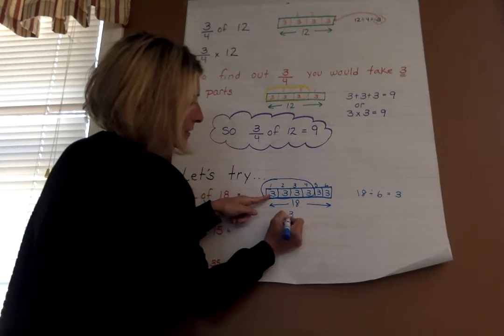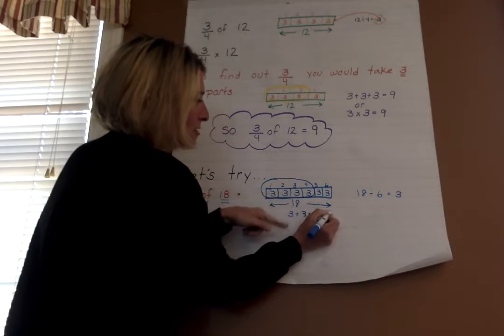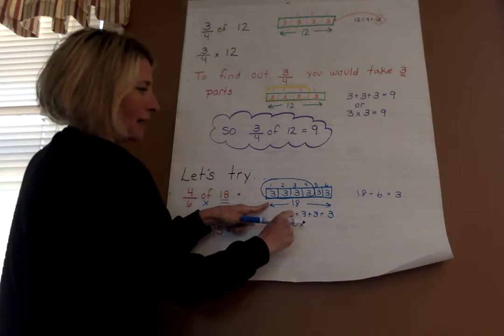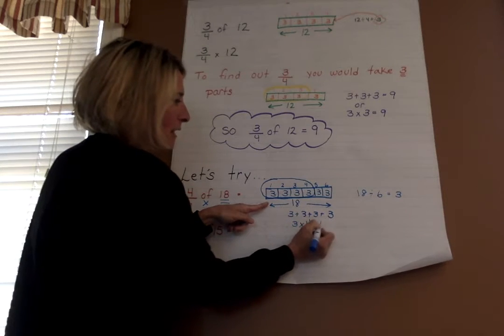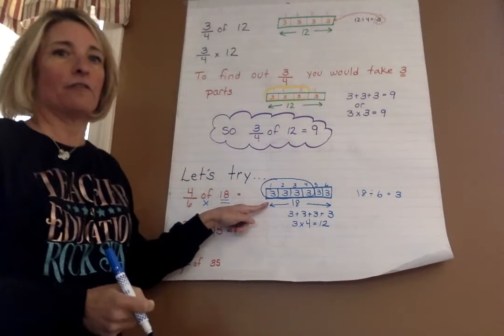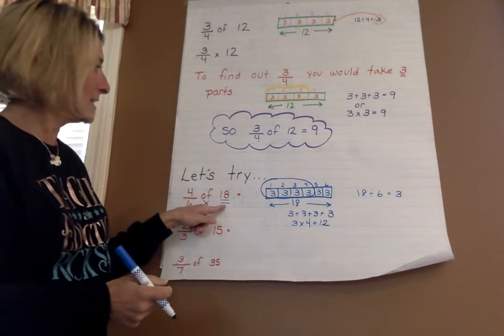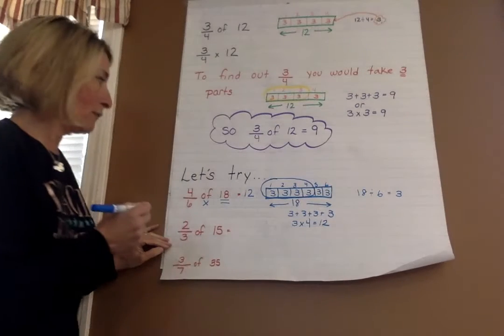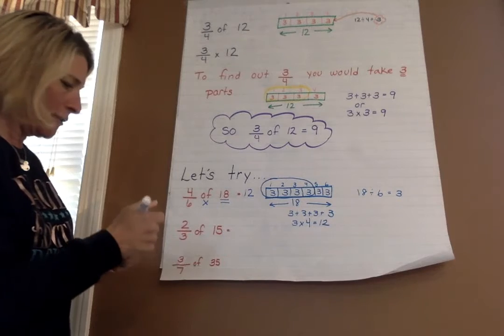I could say 3 plus 3 plus 3 plus 3, or I could say 3 times 4 equals 12. So I know that 4/6 of 18 is going to equal 12. Okay? All right, let's try another one.